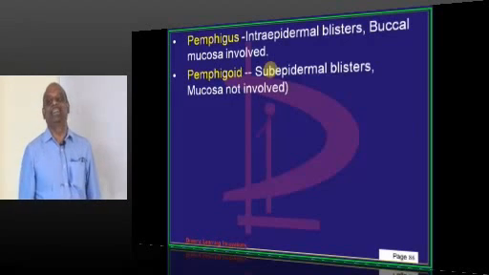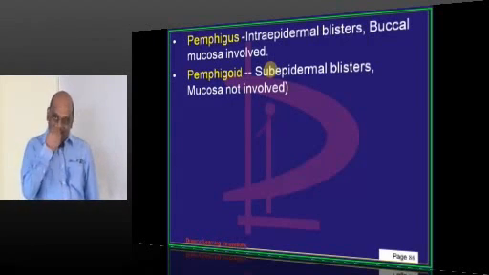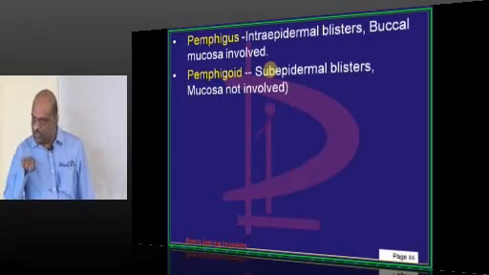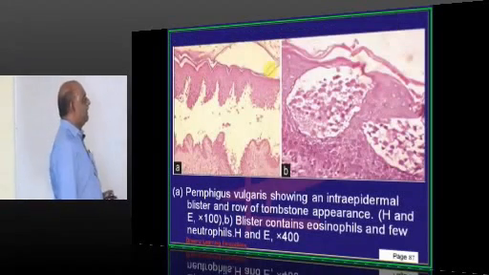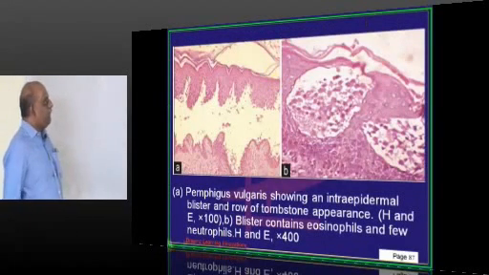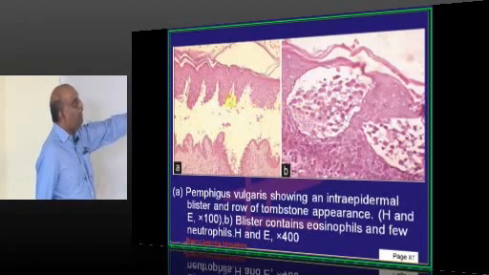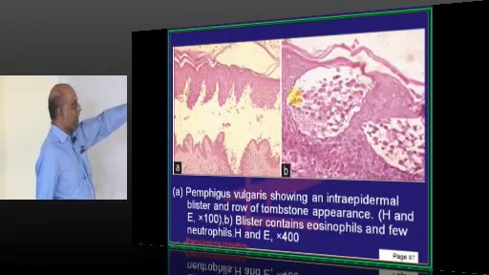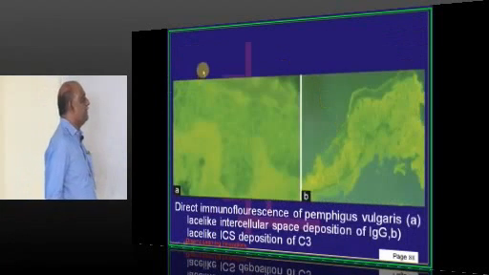Pemphigus vulgaris papa. So it is intraepidermal, inside is what you can remember. It is not subepidermal. So this is an example of pemphigus vulgaris, an intraepidermal blister, and the row of tombstone appearance is what you classically see in pemphigus vulgaris.